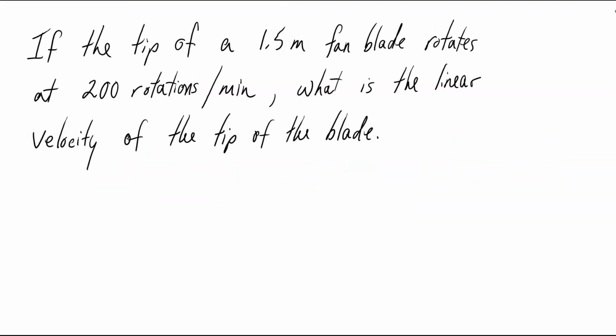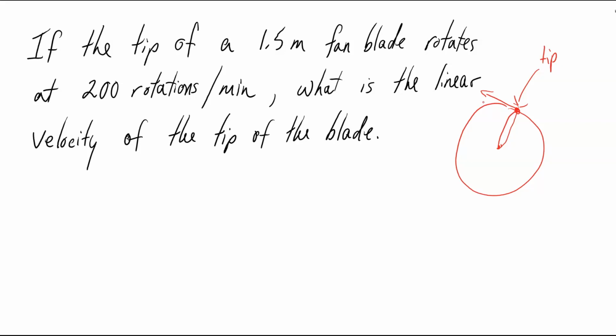Now let's take a look at an example where we will calculate the linear velocity of the tip of a fan blade. Imagine a fan, like a ceiling fan, with circular motion like this, and a blade that goes like this on our ceiling fan. The tip of the fan blade is here, and it is rotating with a linear velocity that we want to figure out.